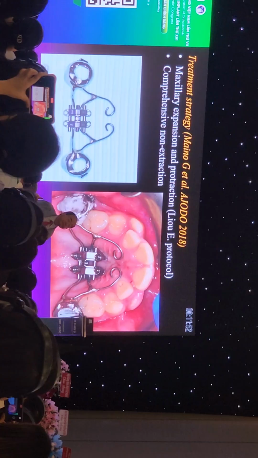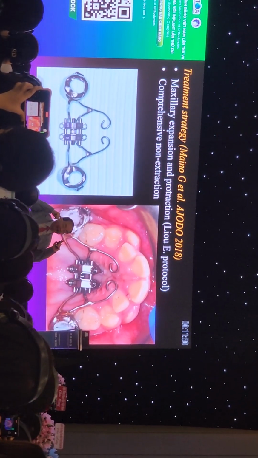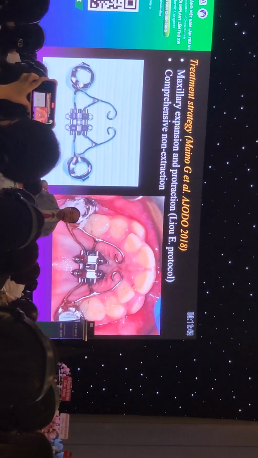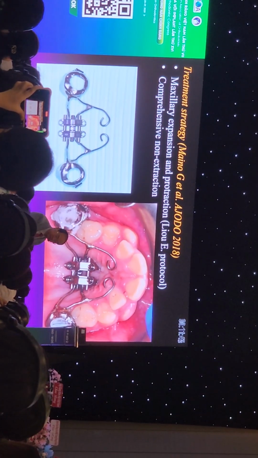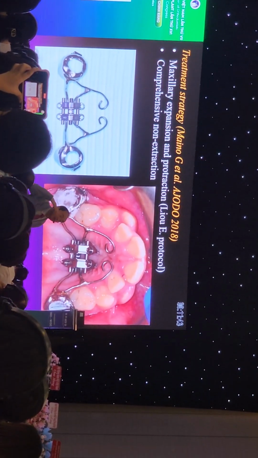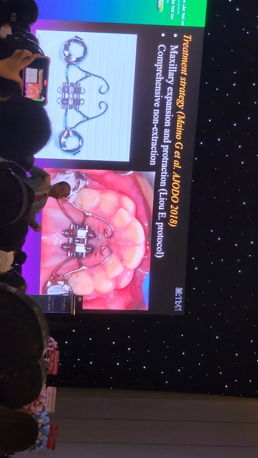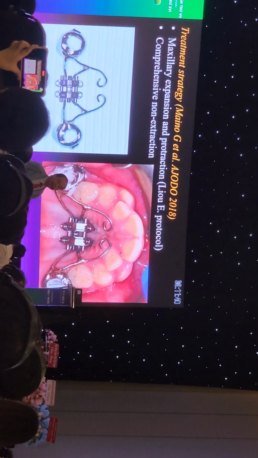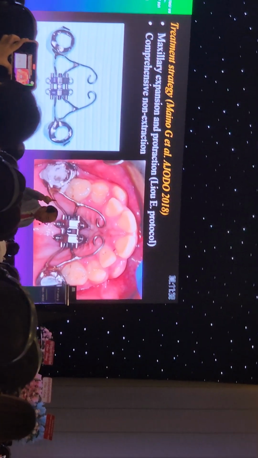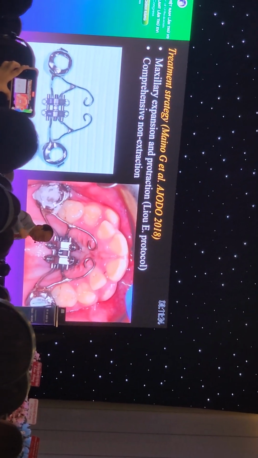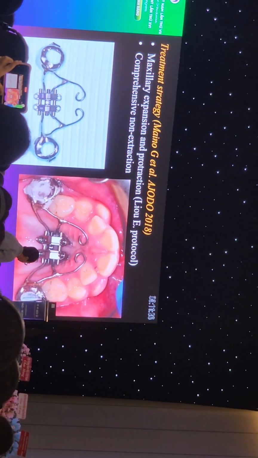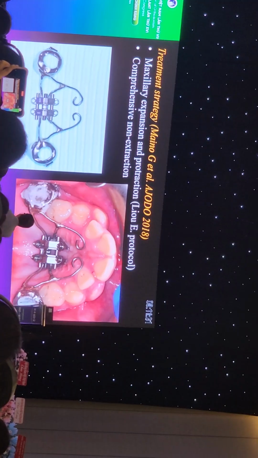But I'm supposed to extend it to the canine area, right? But I extend it on the palatal side because the upper canines are erupting on the outside. But biomechanically, that will be below the center of resistance. So you're going to have some bite opening.